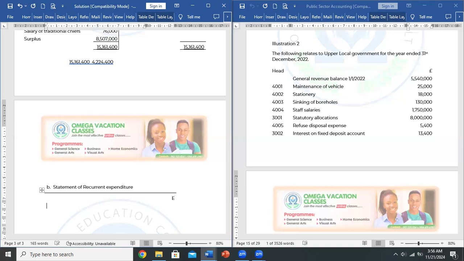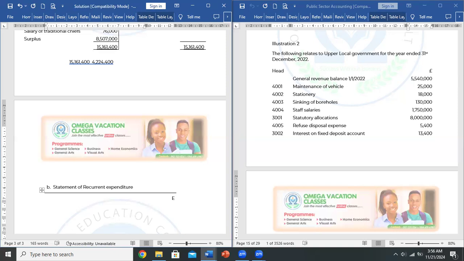Okay. Great. So we go through the trial balance and pick the recurrent expenditure. And I gave you a clue. Recurrent expenditure occurs more often. The frequency with which they occur is very high compared to the capital expenditure.